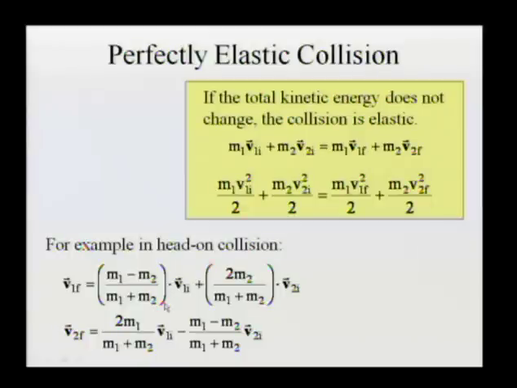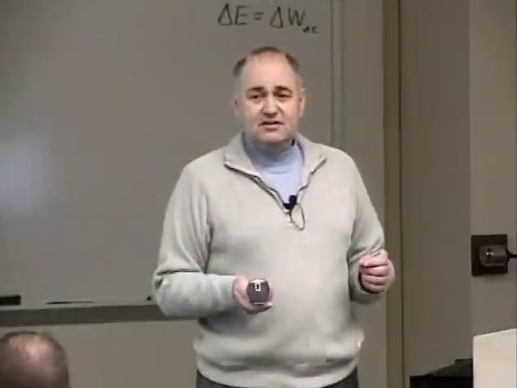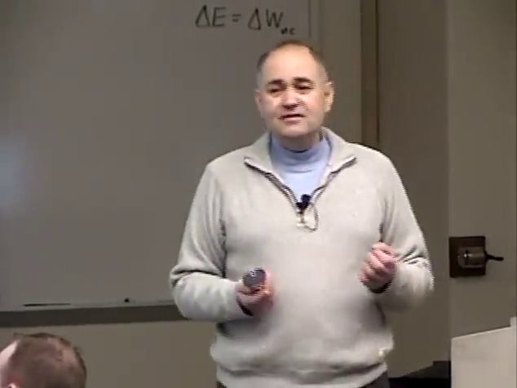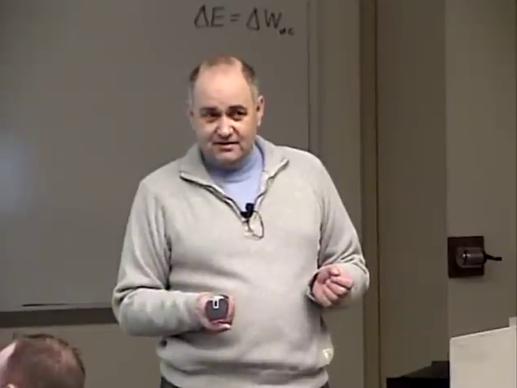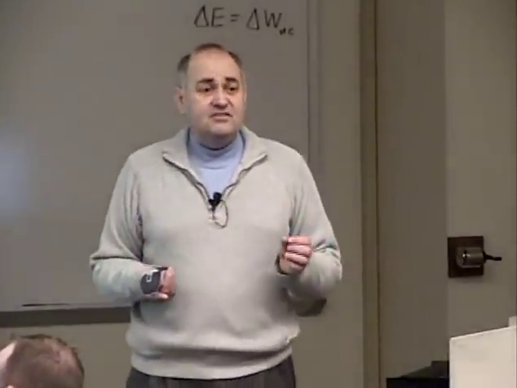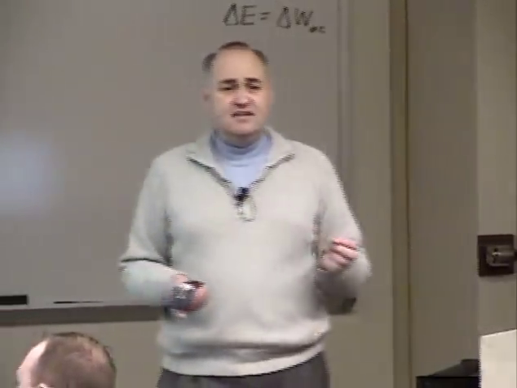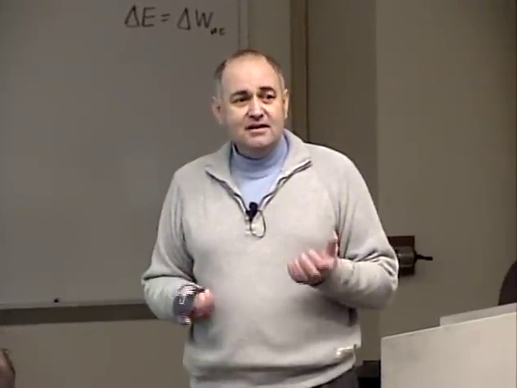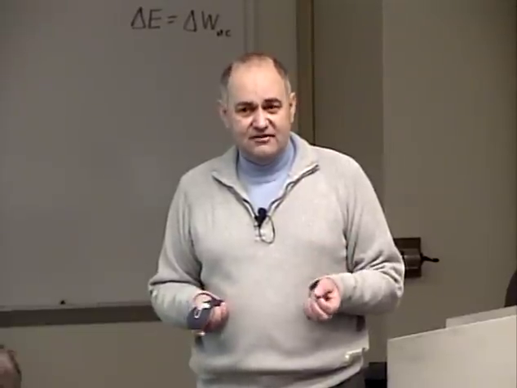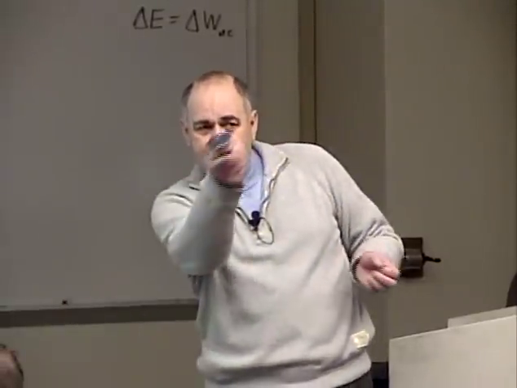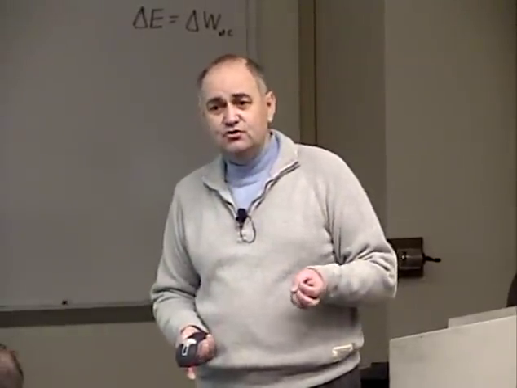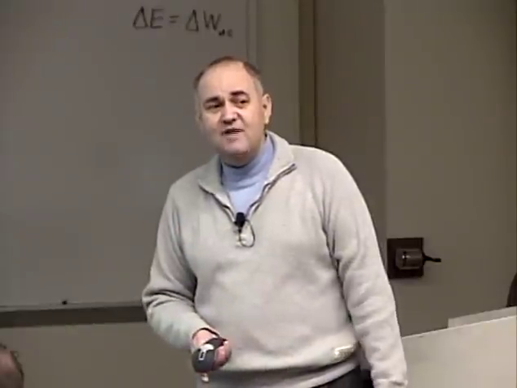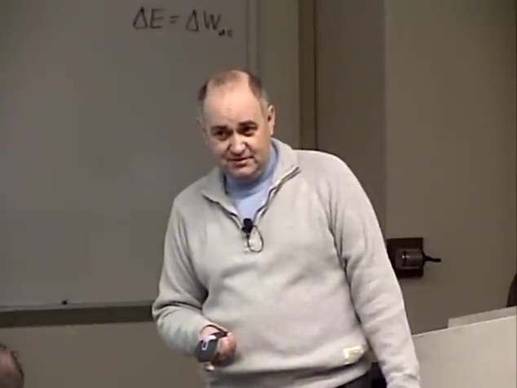And actually I want to analyze a situation in which one of the particles is very heavy and one of the particles is light. Something like, for example, one particle is Jupiter and another particle is our spacecraft, and we send our spacecraft towards Jupiter and ask it to bounce off from Jupiter.